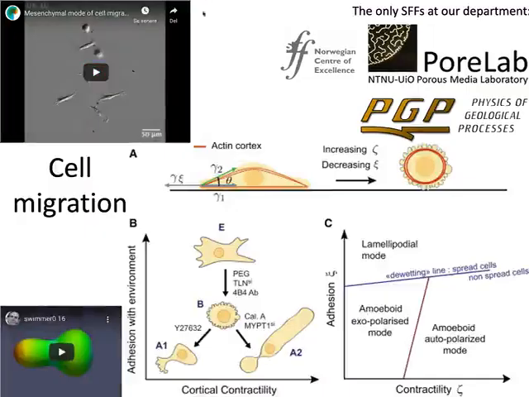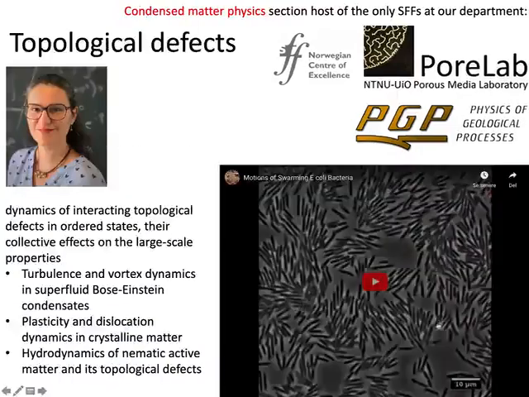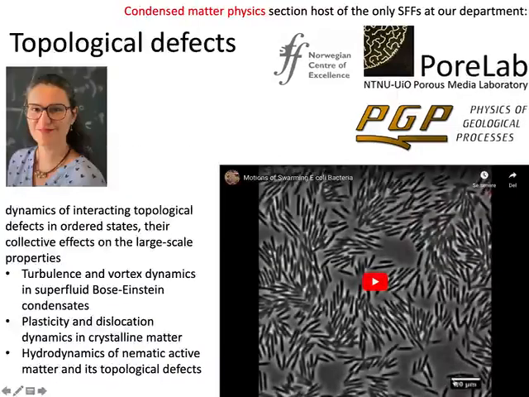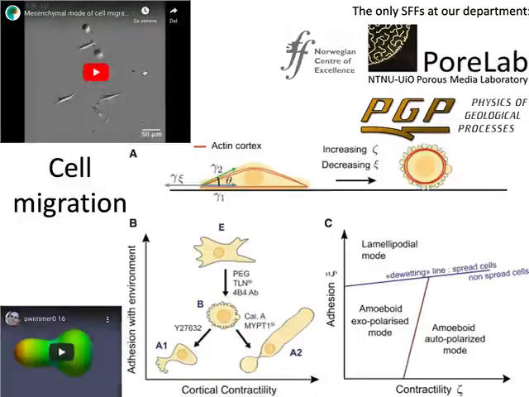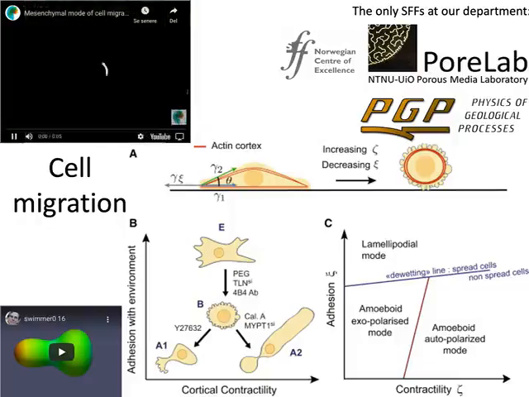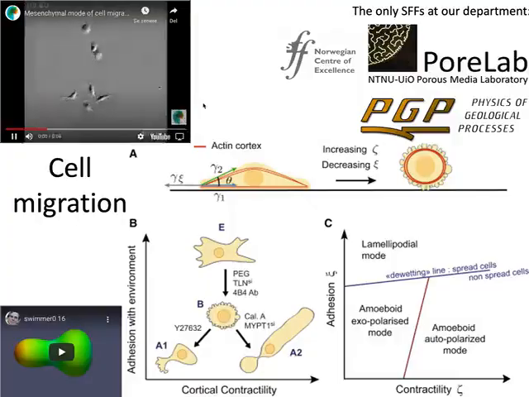Also, on a smaller scale, these ones here you saw, and this was bacteria, but inside our bodies, the cells move much more slowly, but they do move around.